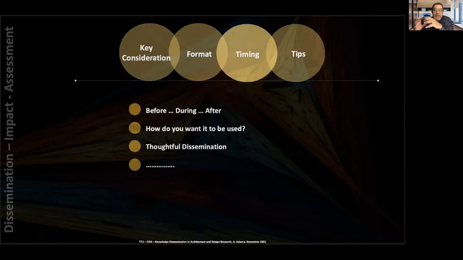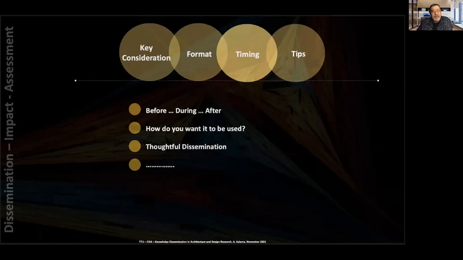So before beginning your research, it is important to think of how you want it to be used and whether you want the work to be academically and professionally cited or known globally, more downloaded, for example, or used to inform policy and practice.